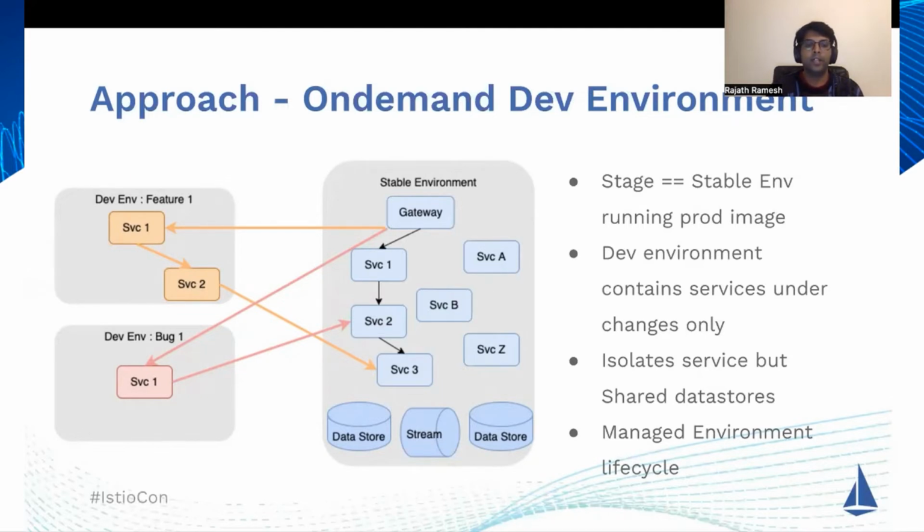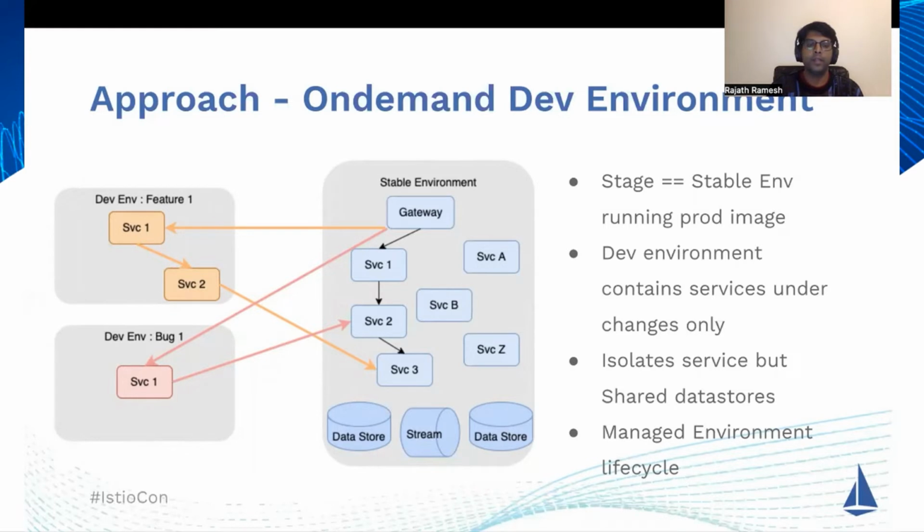And service one in turn calls service two, and the rule, or the intelligence, that has to be built in here again is: if there is a dependent service deployed locally within the developer environment, route the request locally. If not, the request should be routed to the stable environment.